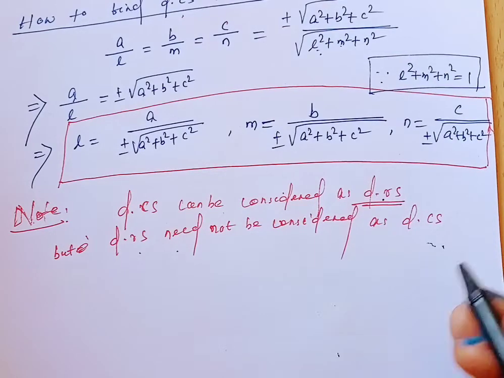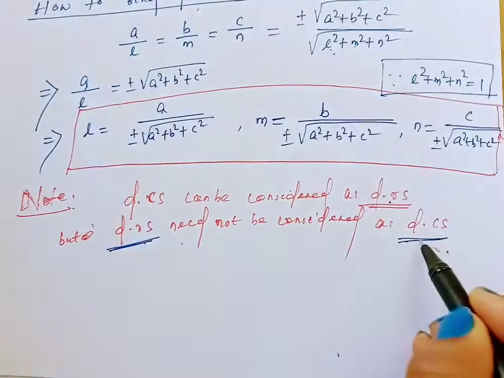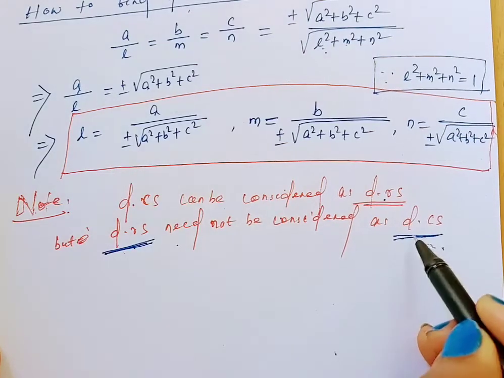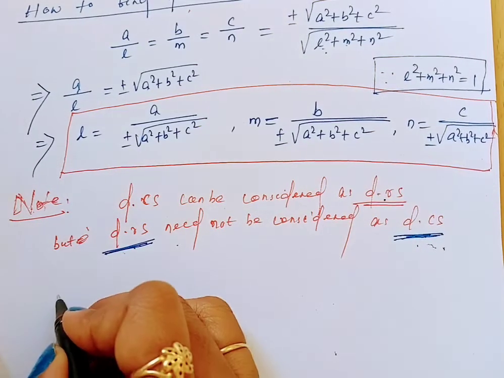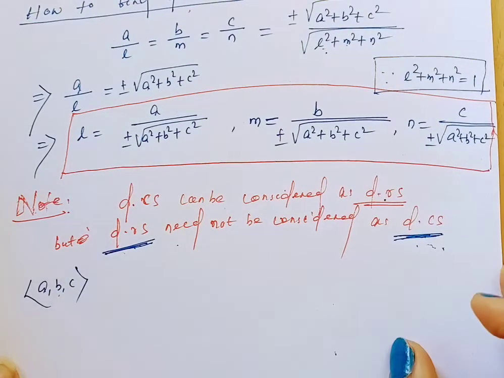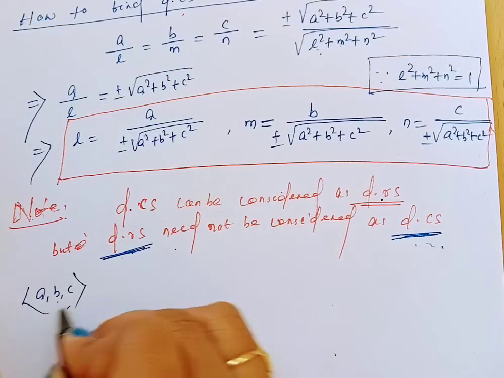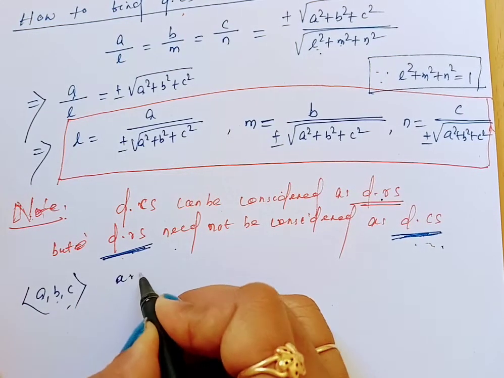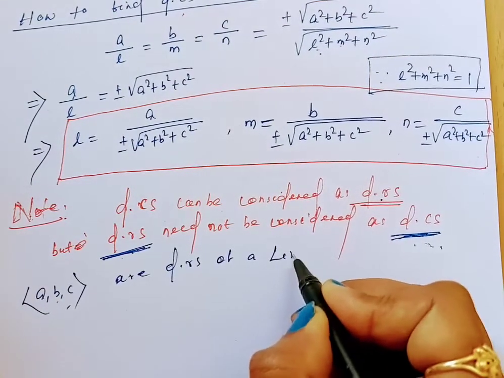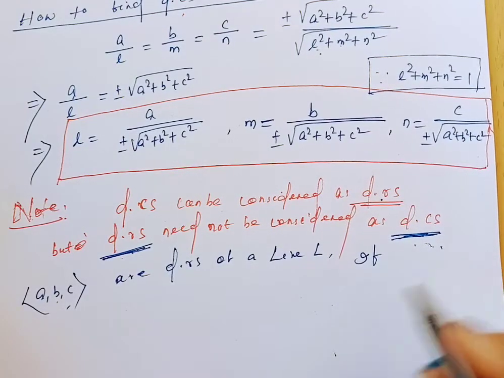So the question arises, in which condition can direction ratios be considered as direction cosines? Suppose a, b, c are the direction ratios of a line.